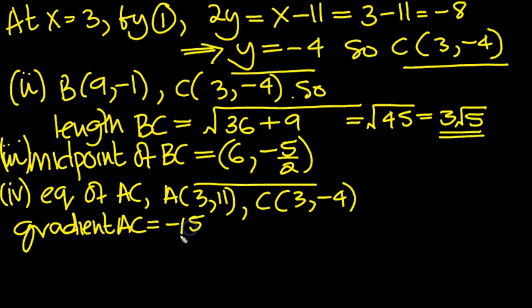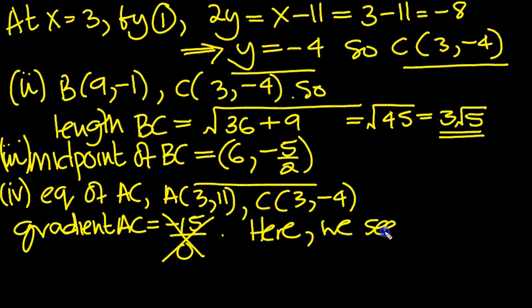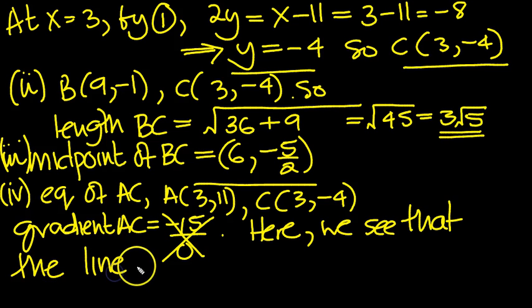So it goes from 11 above to 4 below. But the only thing is we got 0 underneath, because 3 minus 3 is 0. So we cannot do that. Because there's no change in x but a change in y, we see that the gradient of the line is infinite. So it's a vertical line.